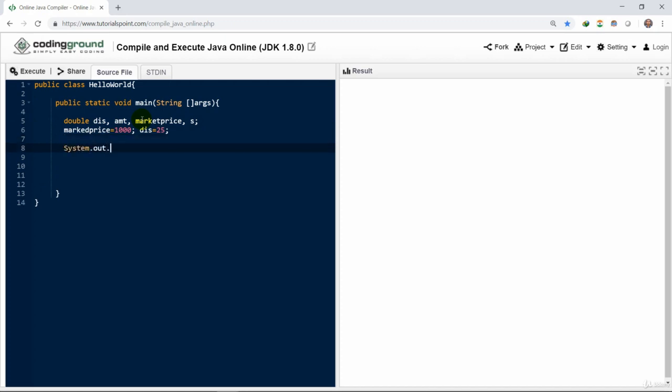So it will be discount percentage, and we could display a message on the screen for our users. Simply we need to write System.out.println, mark price is equal to, and print the mark price. It will display the value of mark price, the maximum retail price, and we could offer a discount to a user.